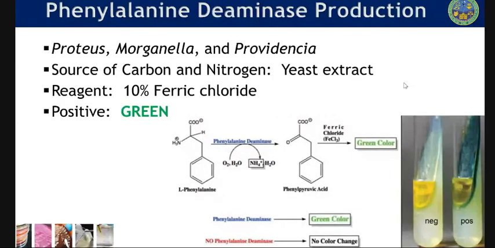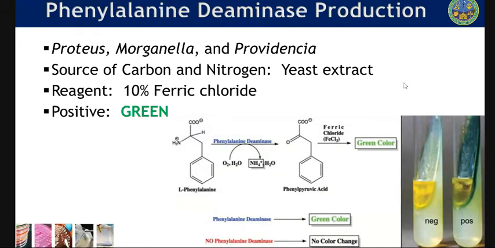Then another test is your phenylalanine deamination or deaminase production. So this is actually useful among the PMP group of bacteria. PMP denotes Proteus, Morganella, and Providencia. So the source of carbon and nitrogen here would be yeast extract, and the reagent is 10% ferric chloride.